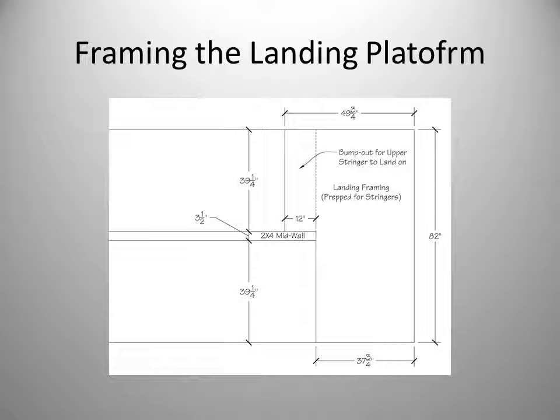Dimensions here are to the face of the landing joists. Note also the clearance dimensions for the upper and lower runs of stairs. Once drywall is added to our dimensions, they will be reduced by 1 inch and give us an allowable 38 1/4 inches of width in each run.